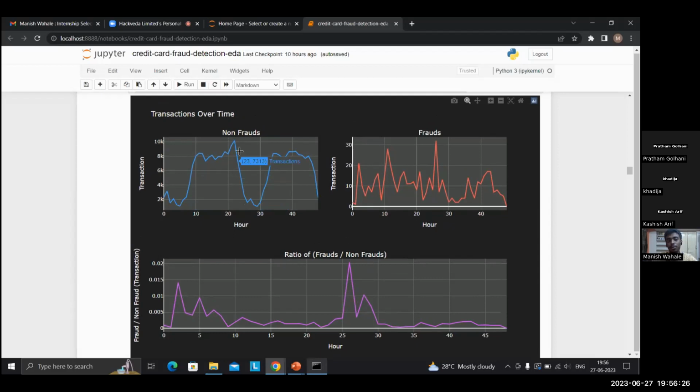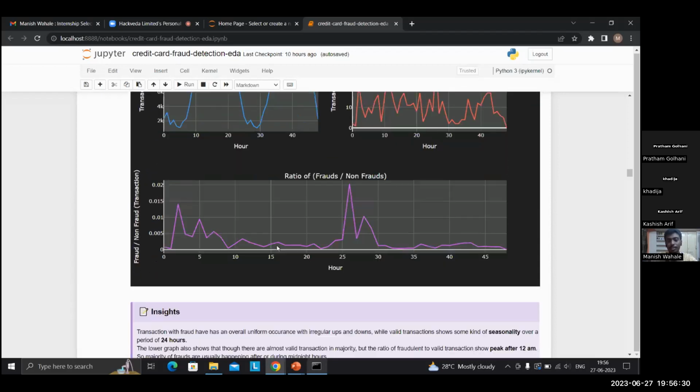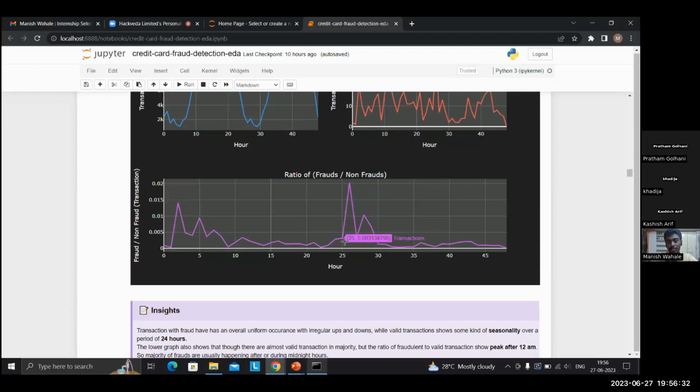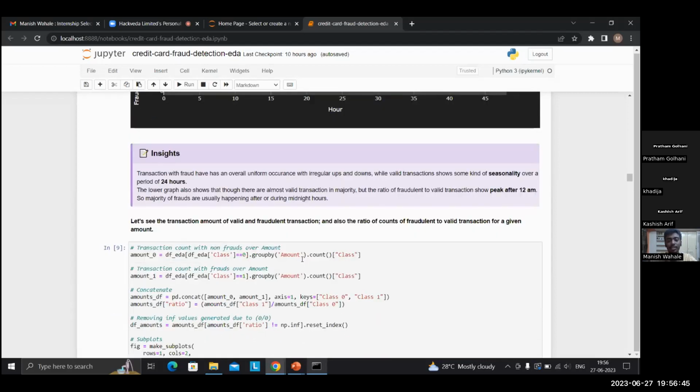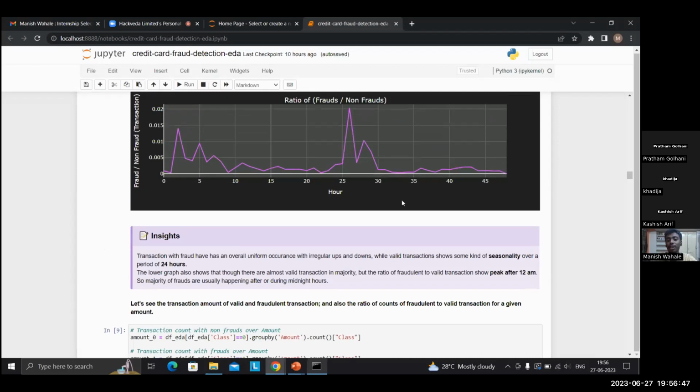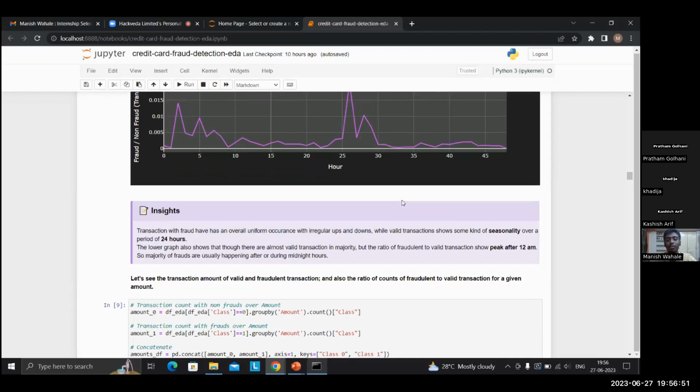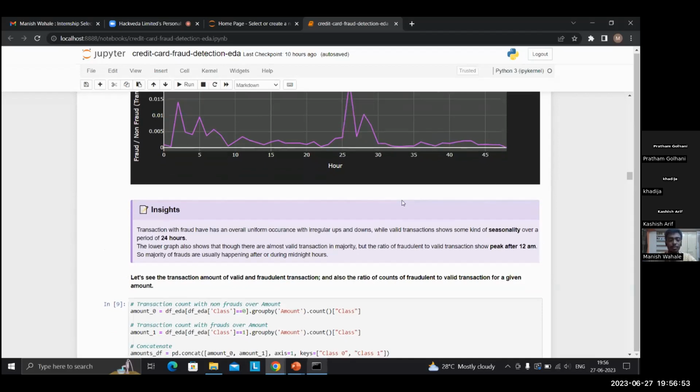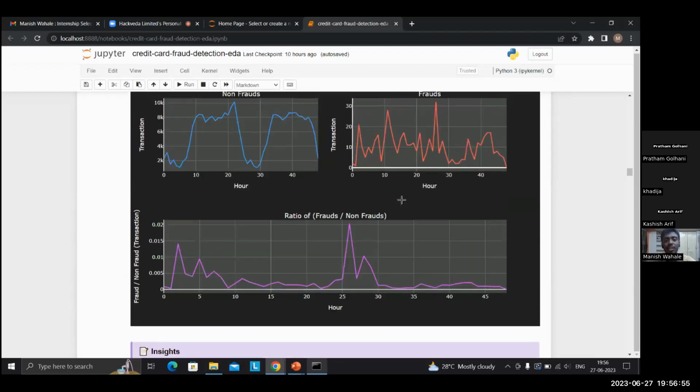The ratio of fraudulent to non-fraudulent increases drastically and has a peak here. So we can say that fraudulent transactions often happen after midnight, from 12 a.m. to 6 a.m. These are the key takeaways from this graph.